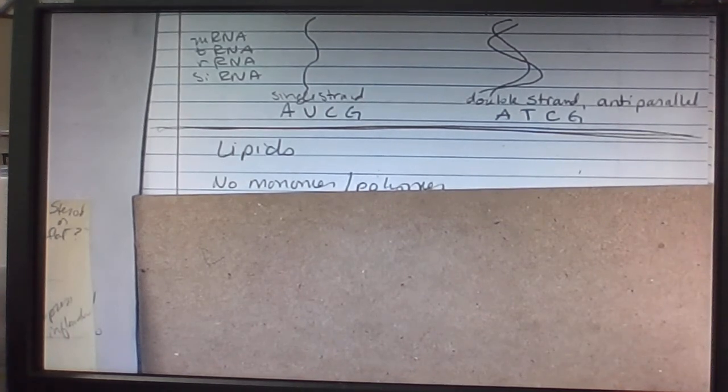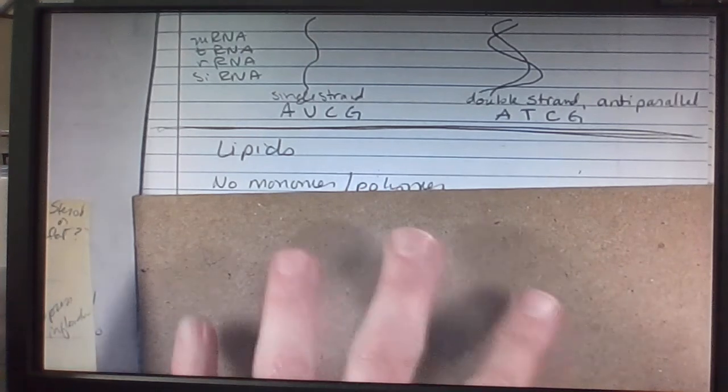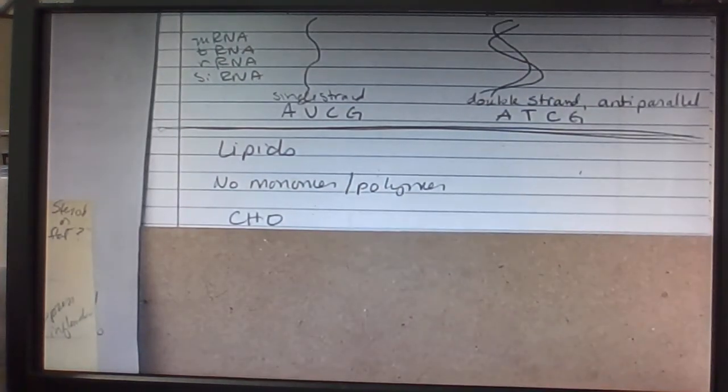That's why the P is in that one. Now, sometimes there's some sulfur thrown in as well for proteins, but for our level, we're just going to keep it nice and simple. So CHO for sugars, CHON for proteins, CHONP for our nucleic acids. Lipids are also carbon, hydrogen, and oxygen.